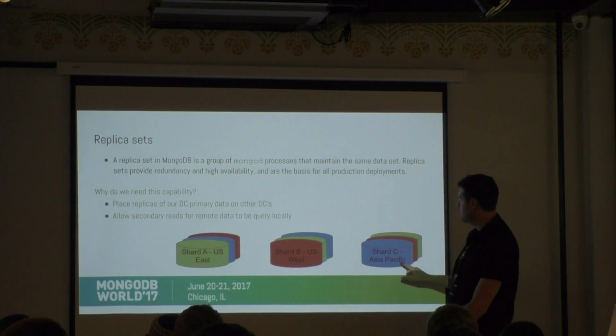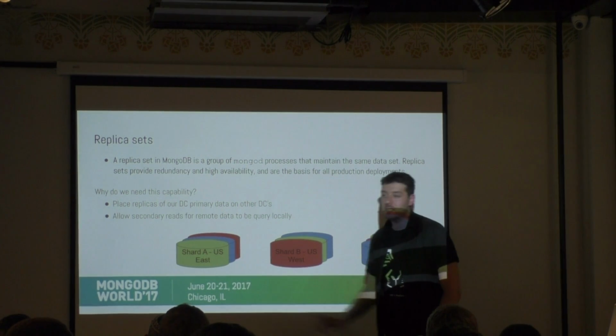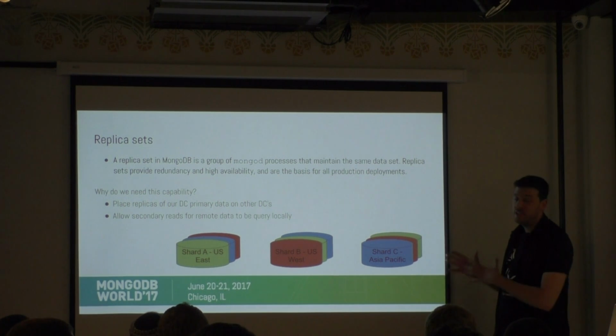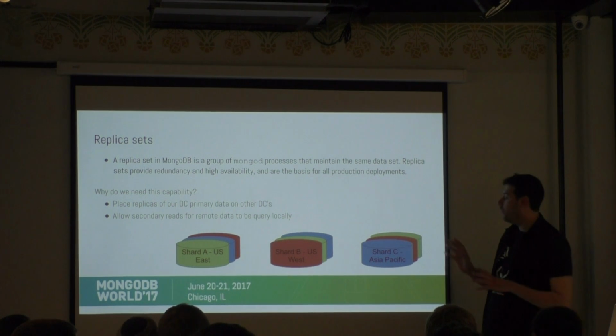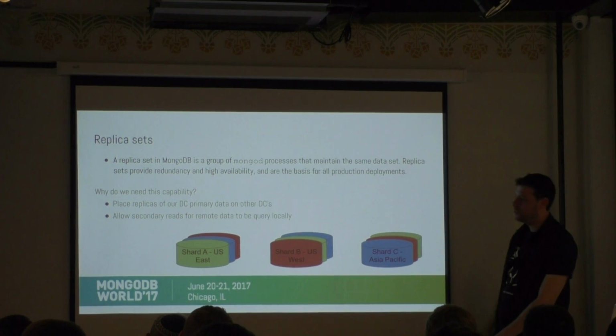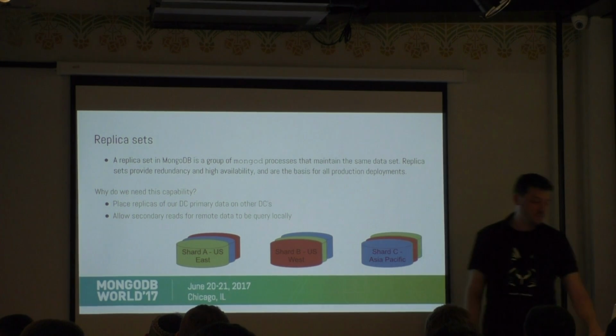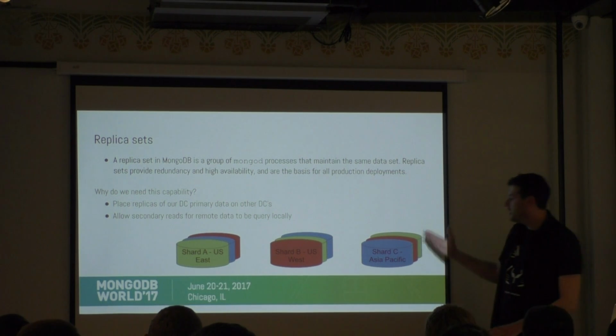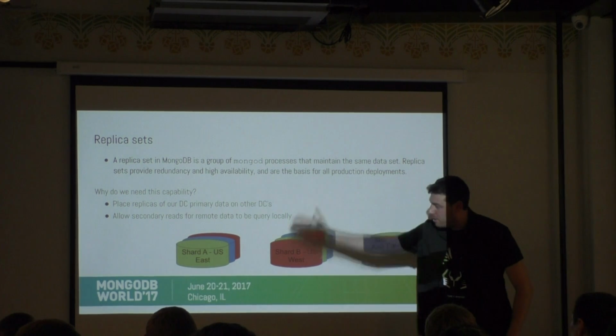The same we're going to do for Asia Pacific. If you look at this picture, we basically have the full set of colors in each data center, which means that we have all the data locally in US East, US West, and Asia Pacific.